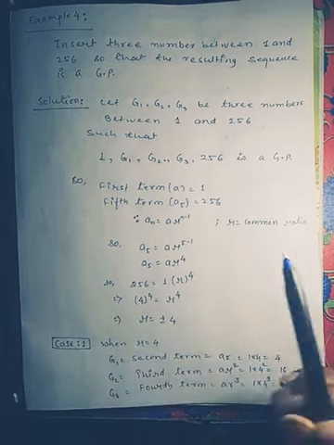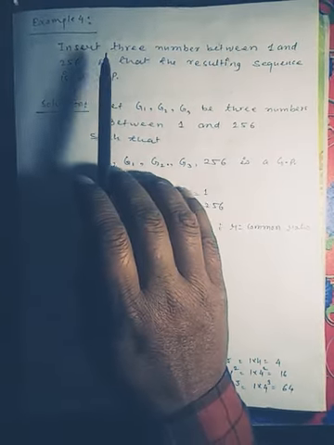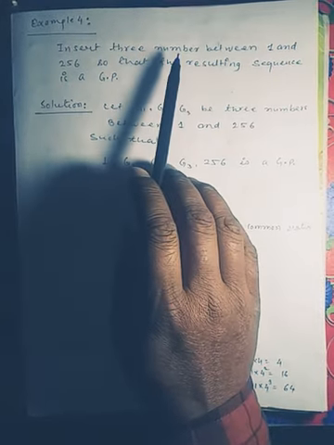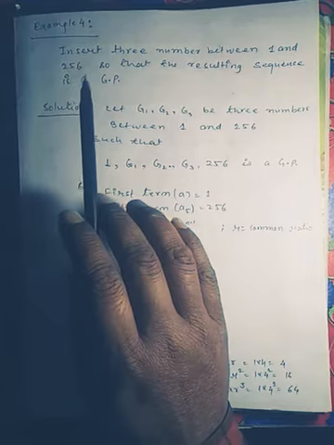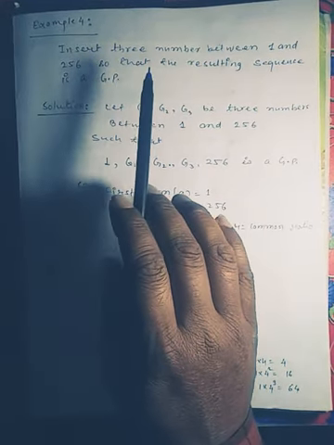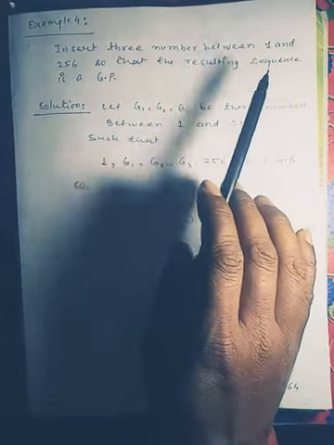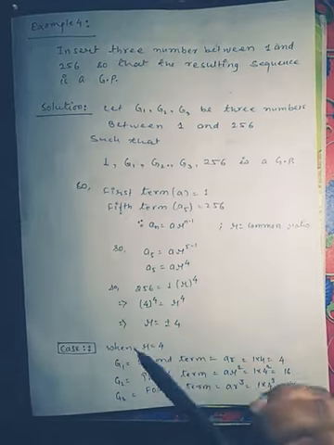Question number 4. Insert three numbers between 1 and 256 so that the resulting sequence is a GP.